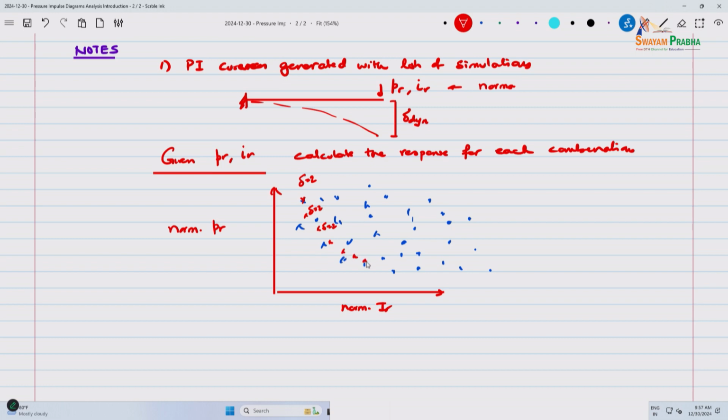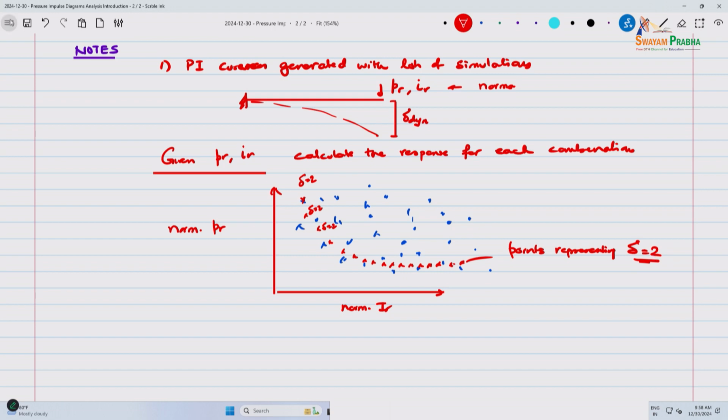All these points, these isocores, represent delta equal to 2 inches. So you get the idea how this is done.